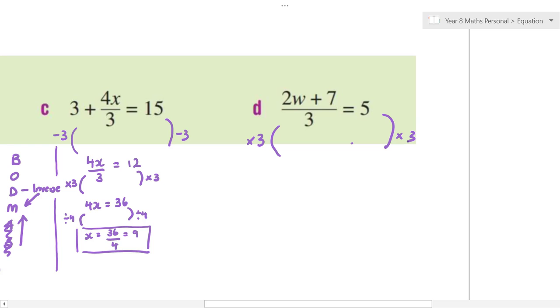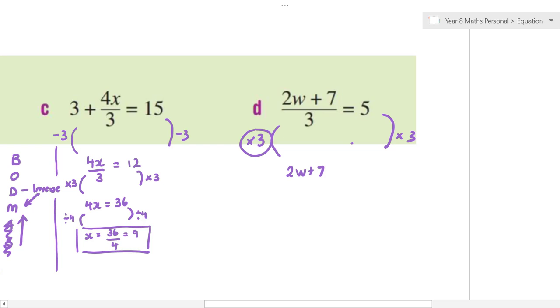Let's do that. Now, what do we have left on the left-hand side? 2w plus 7. We've just cancelled out the divide by 3.